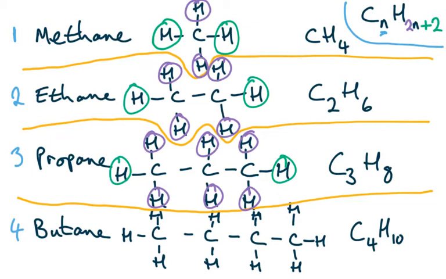So that n becomes whatever is the number of carbons. And then the number of hydrogens can be worked out by doubling that, because there's 2 hydrogens for every carbon, so it's 2n, plus 2 because there's always 2 extra hydrogens on the end. This general formula is something that you need to learn.